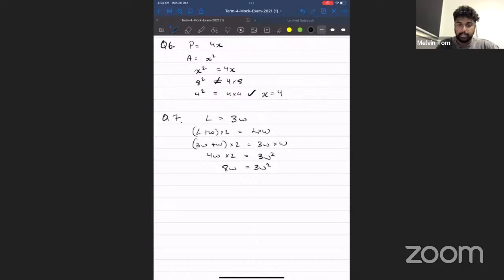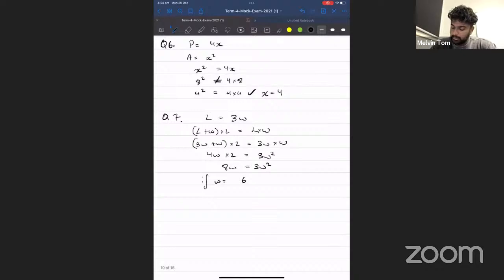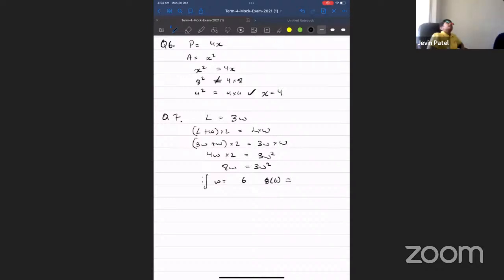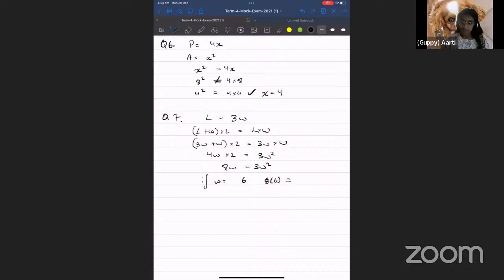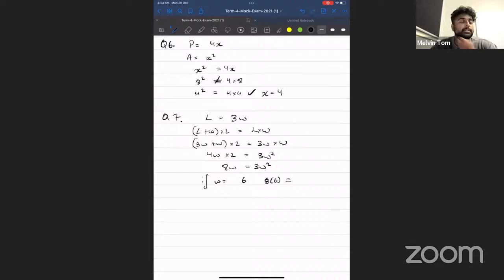Now, which of the answers fits in here? If W is equal to 6, then 8 times 6, what's 8 times 6, ladies and gentlemen? 48. And W is 6 squared, which is 36. So is 3 times 36 equal to 48?